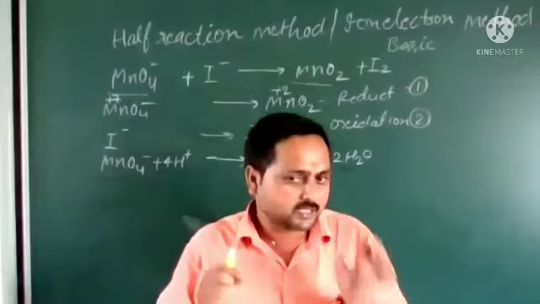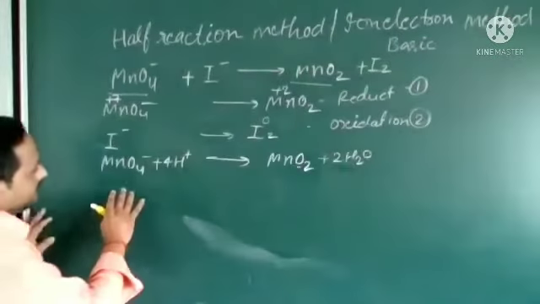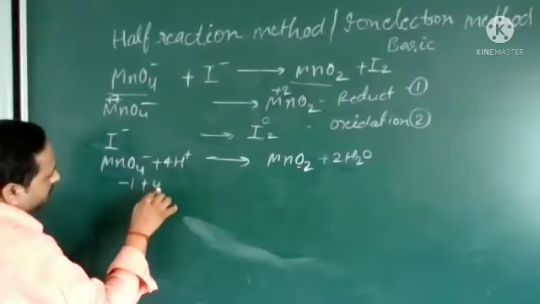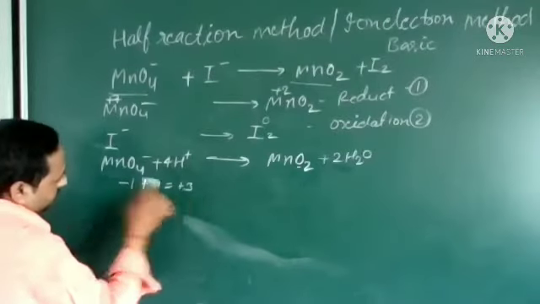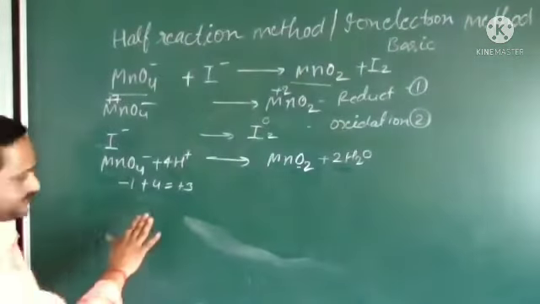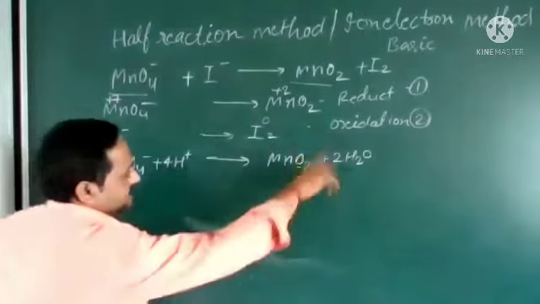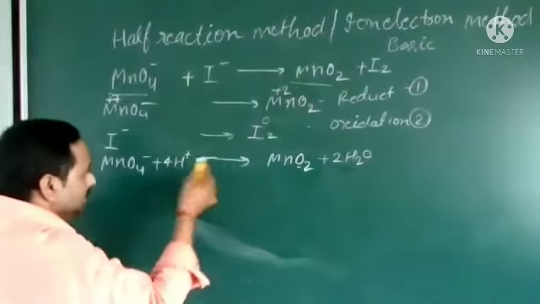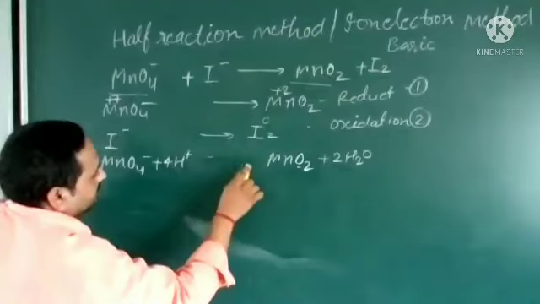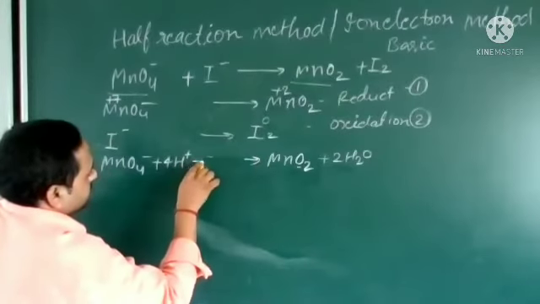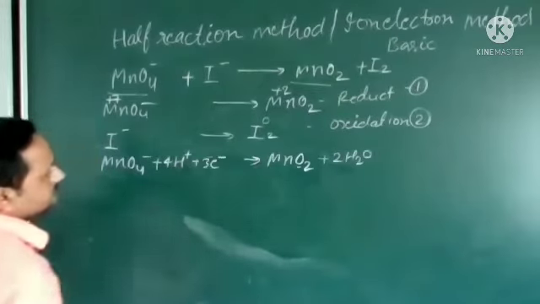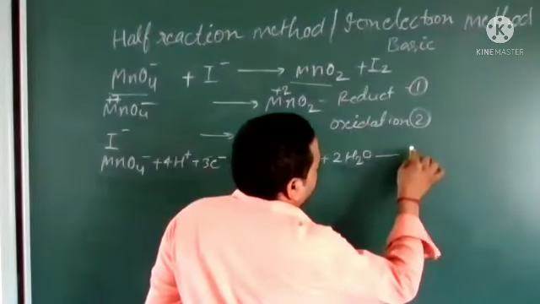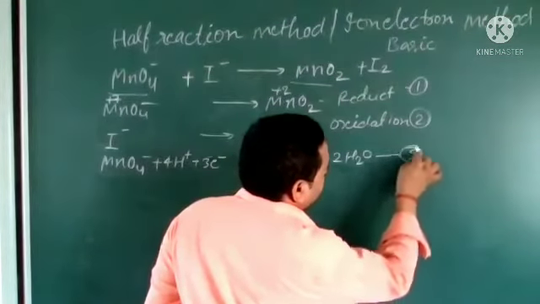On the left the charge is -1 plus +4, which equals +3, and the right side has no charge. So we add 3 electrons on the left. This is the half equation, and we will name it equation 3.